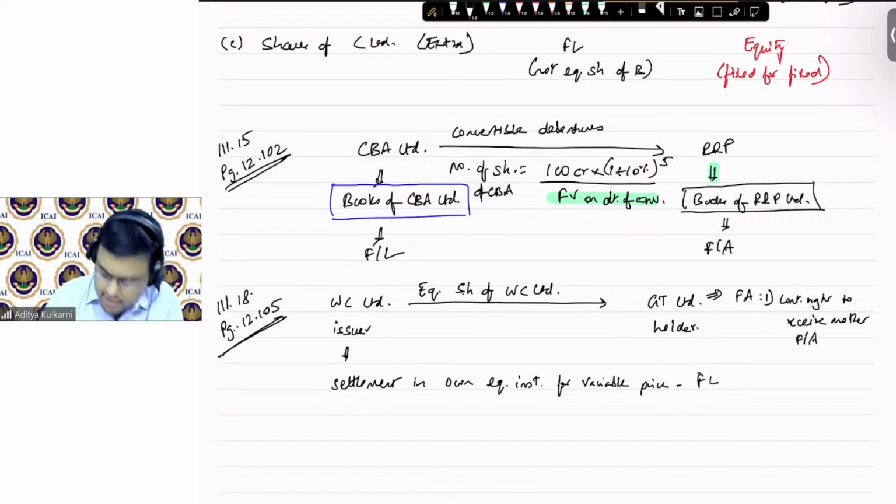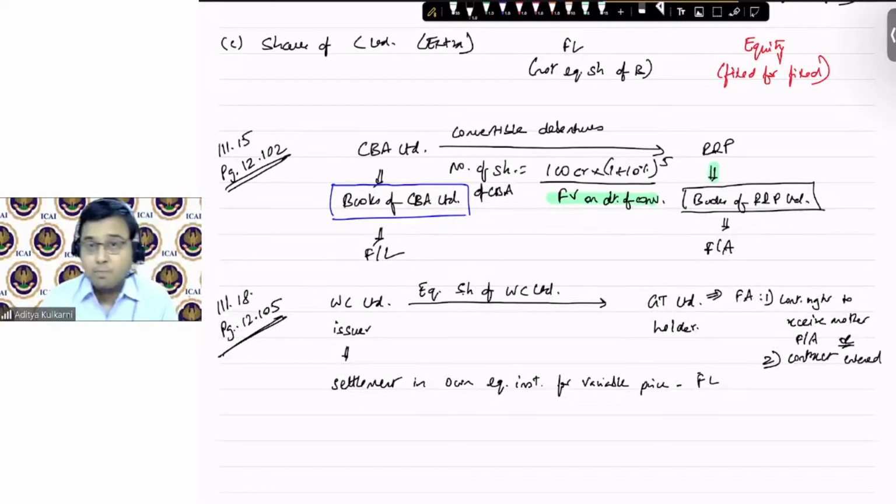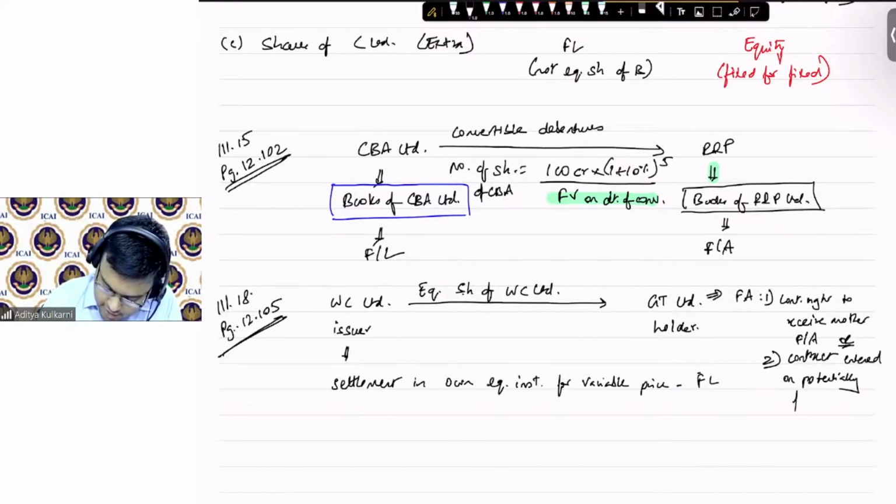another financial asset. This is the first way you could think of it. Or the second one is, you could also think of it as a contract entered on potentially favorable terms.